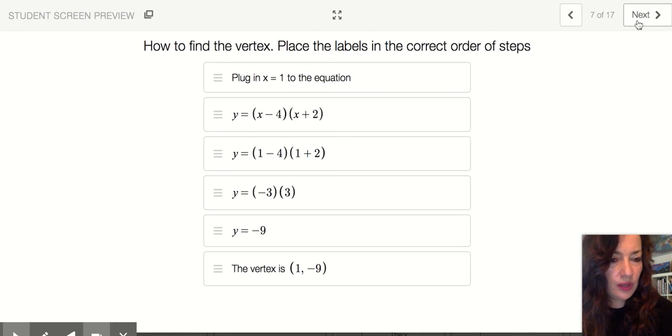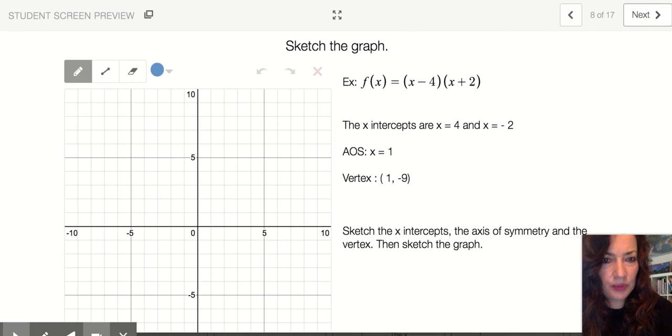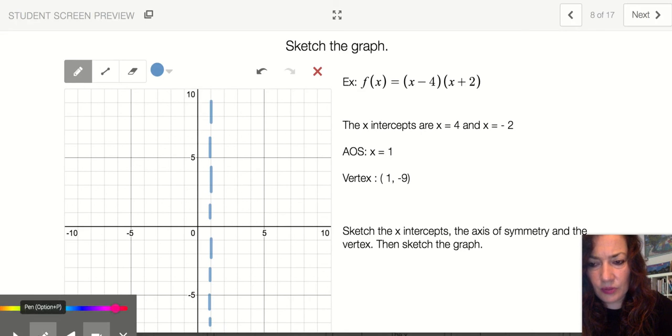All right, moving along to slide number 8, I believe it is asking us to sketch the graph now. Okay, so now that we have everything, let's put it all together. I have axis of symmetry at x equals 1, so I'm going to go ahead and draw that. I have the vertex, let me use this pen.